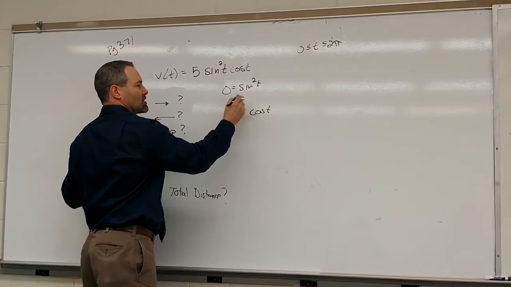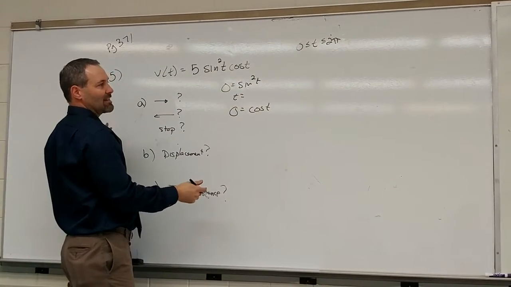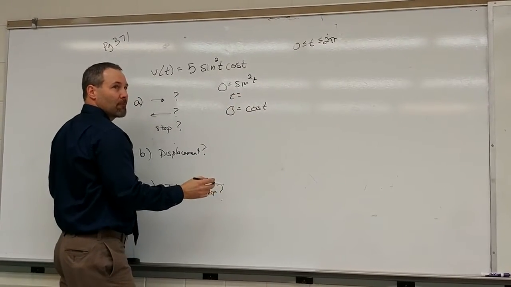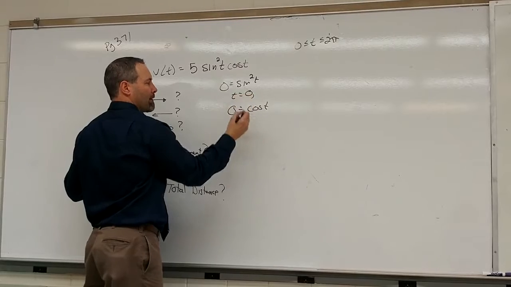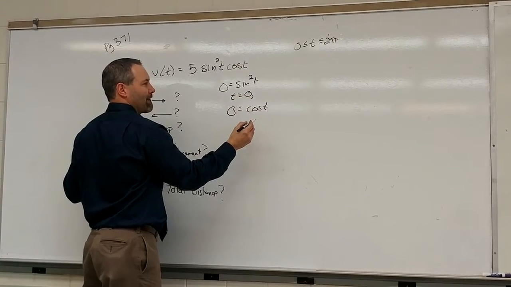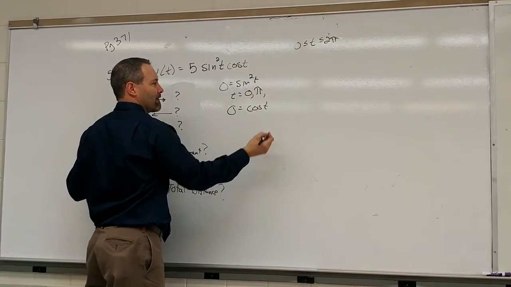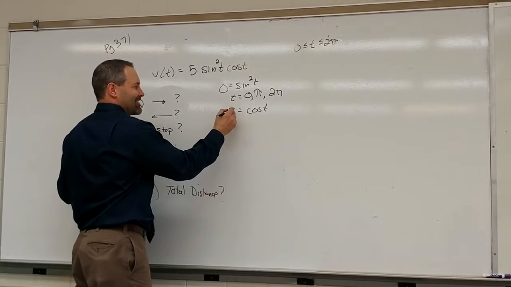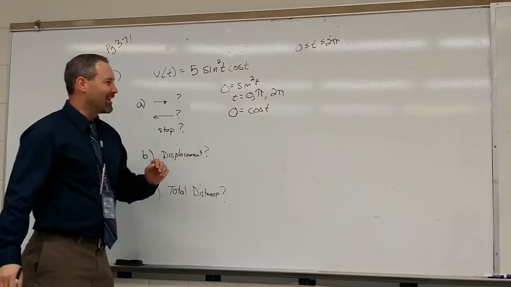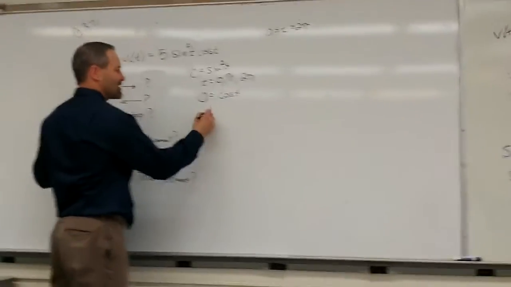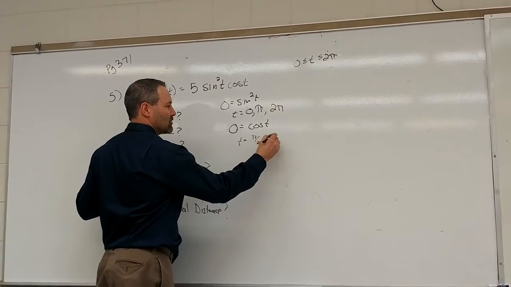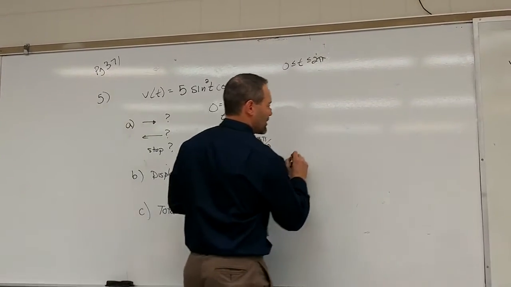Basically sine t equals 0. Where is sine 0? 0, pi, and 2 pi. Good guess. Cosine is 0 at pi over 2 and so on. All right, so on our axis.